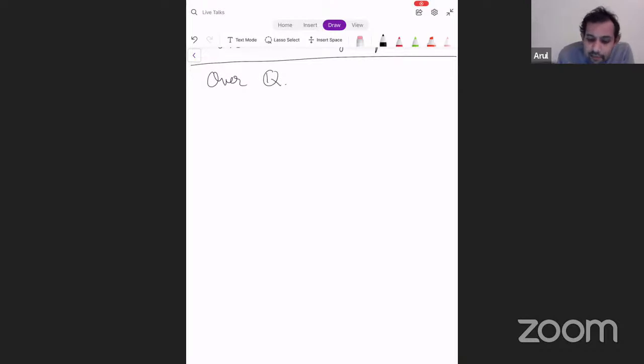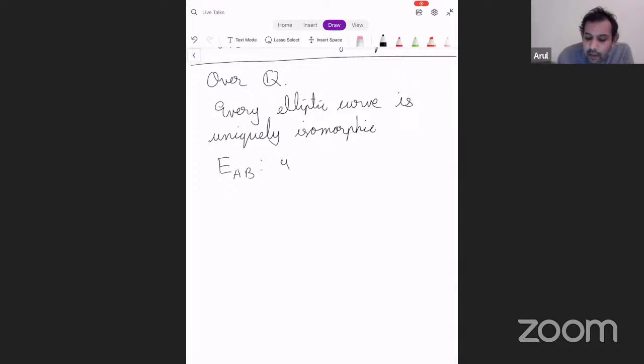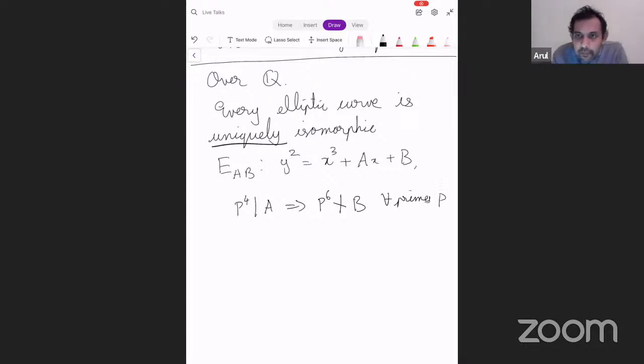Over the field of rationals, every elliptic curve is uniquely isomorphic to some E_{A,B} cut out by y squared equals x cubed plus ax plus b, such that A and B satisfy the following condition to make it unique: p to the 4 dividing A implies p to the 6 does not divide B, for all primes p.